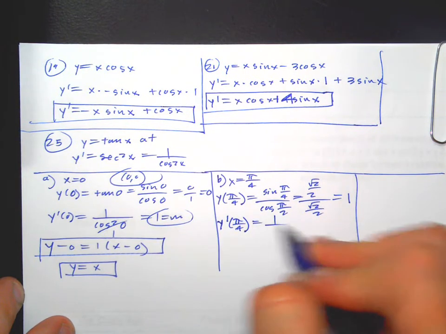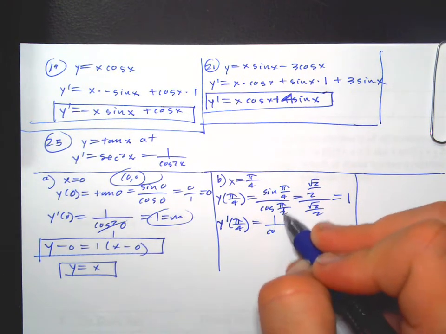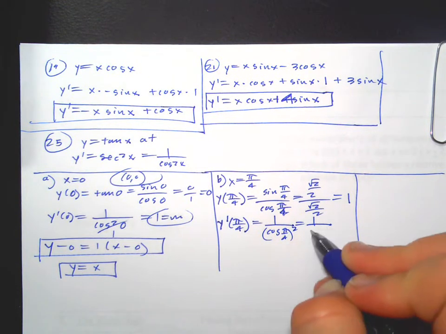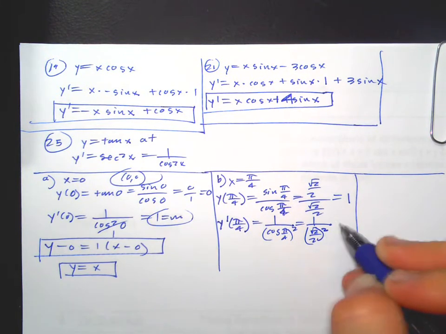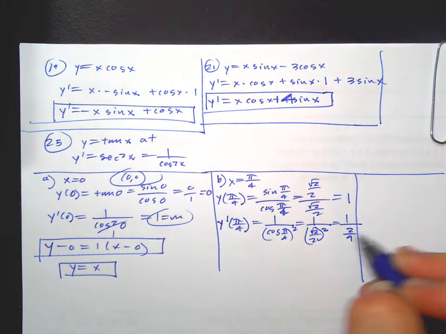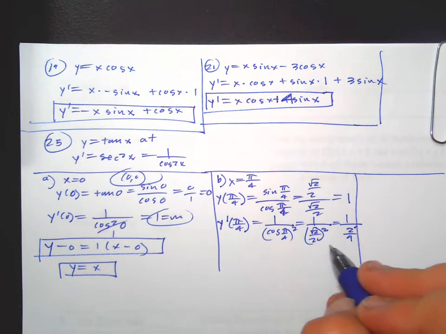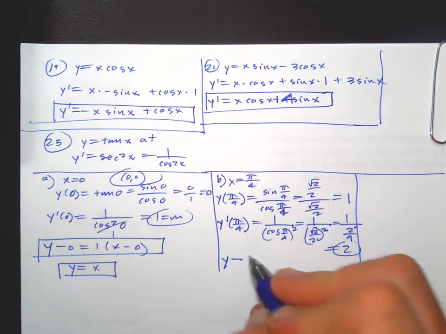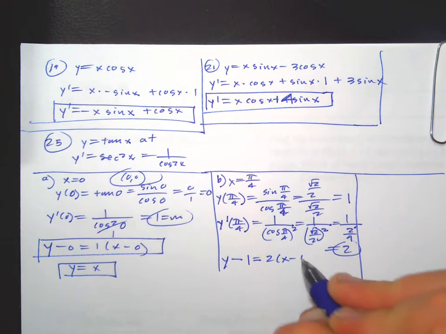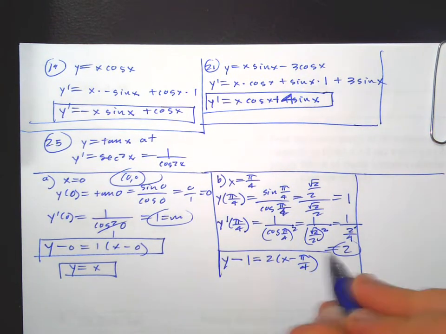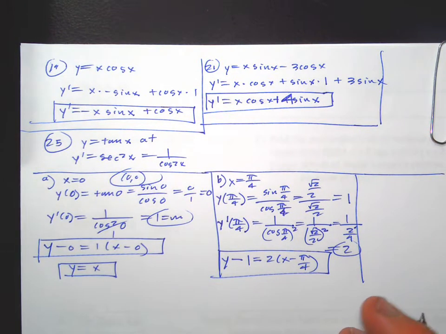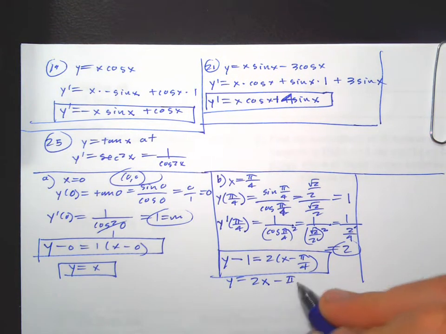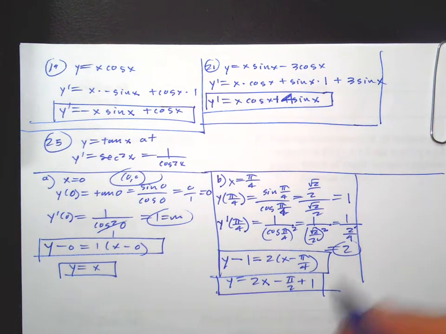It's going to be 1 over cosine of pi over 4 squared. 1 over root 2 over 2 squared. 1 over 2 over 4 gives you positive 2 for your slope. So it's going to be y minus 1 equals 2 times x minus pi over 4. And just leave it like that. If you really wanted to, that in slope-intercept form would be 2x minus pi over 2 plus 1. Sure, if you really want to.